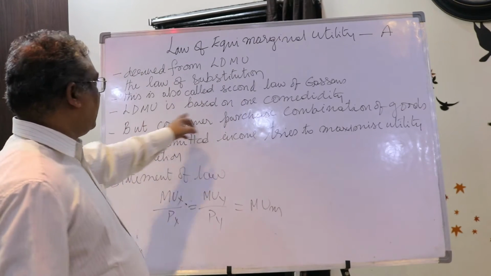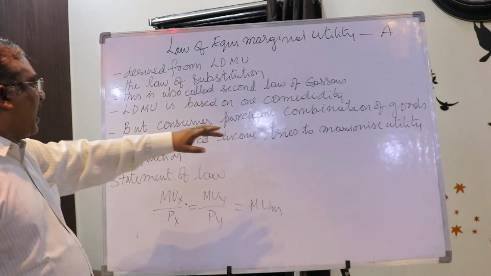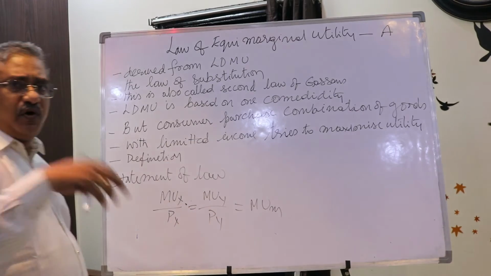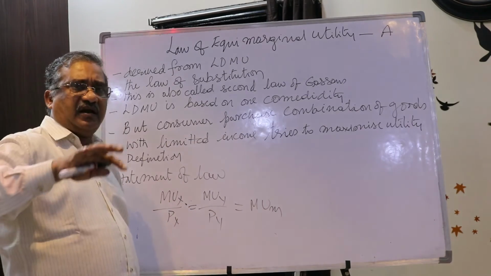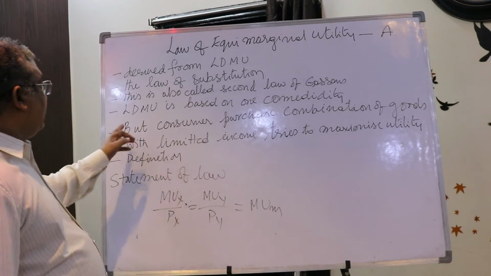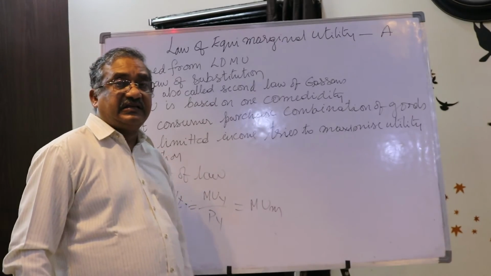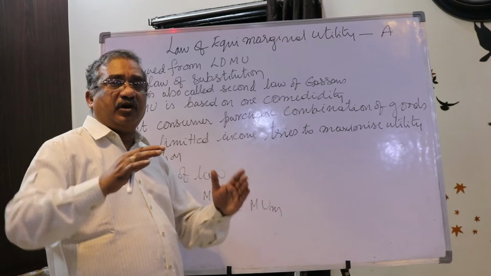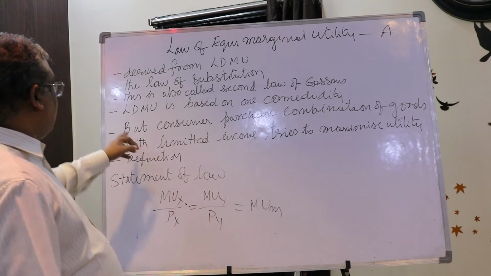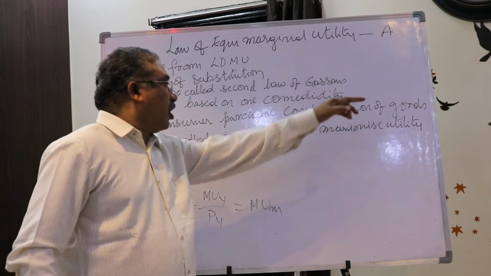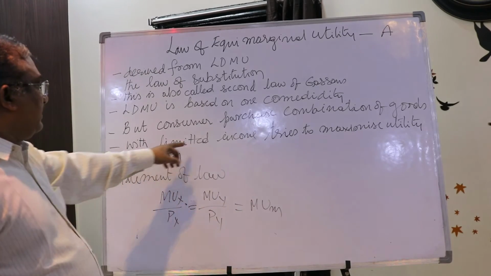So both the law of diminishing and the law of equi-marginal utility were found by H.H. Gossen, but the law of equi-marginal utility is not about a single commodity; it concerns the purchasing of a combination of goods.